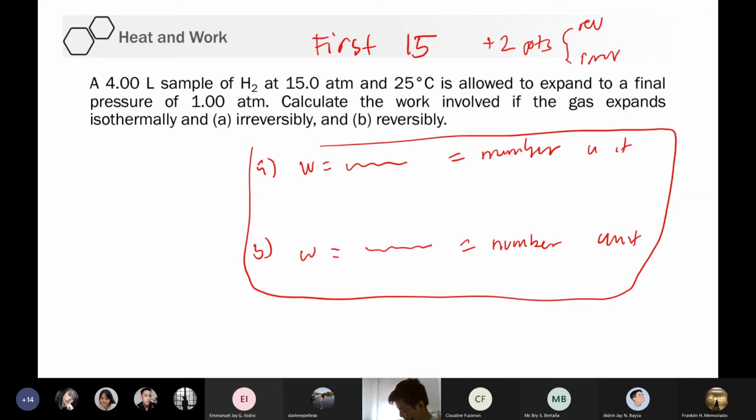Okay. Walang nakasulat. Nauna mag-send tas walang sagot.